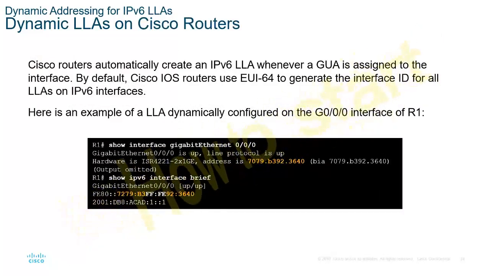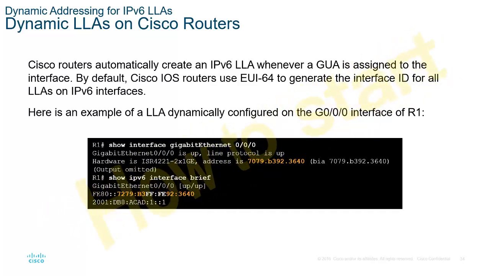Cisco routers automatically create a link local address whenever a global unicast address is assigned, so they end up with both. The Cisco IOS will use EUI-64 to generate the interface ID for all of the interfaces it has.